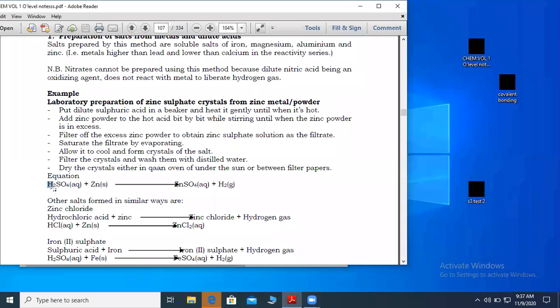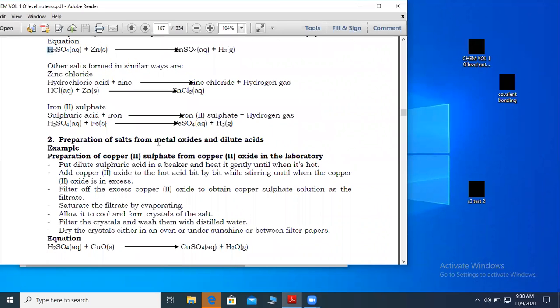Remember, the opposite of acid is base. So a basic oxide will react with acid. For example, this metal cannot be copper. You cannot use this method for copper. Instead, if you want to prepare copper 2 sulfate, you use copper 2 oxide because pure copper cannot displace hydrogen. I think you are understanding that. So, from metal oxides, a good example is what I've been talking about here.